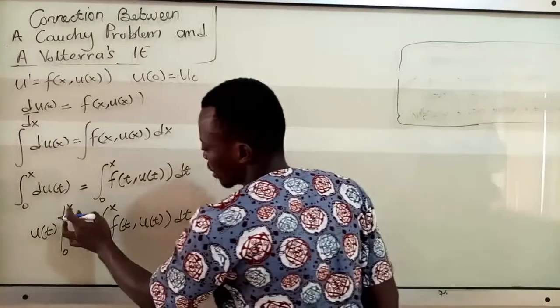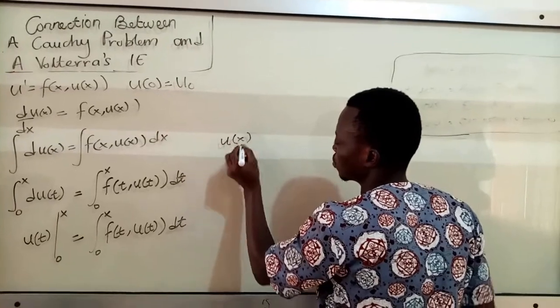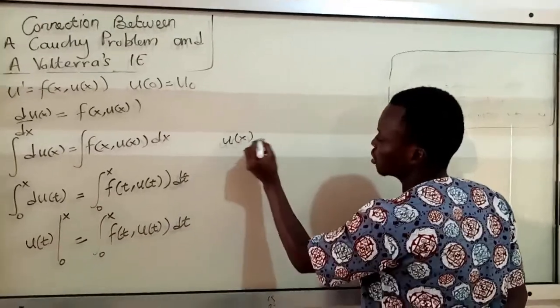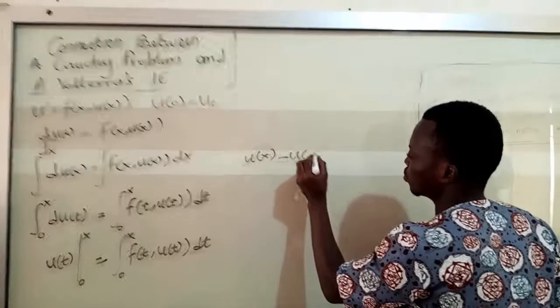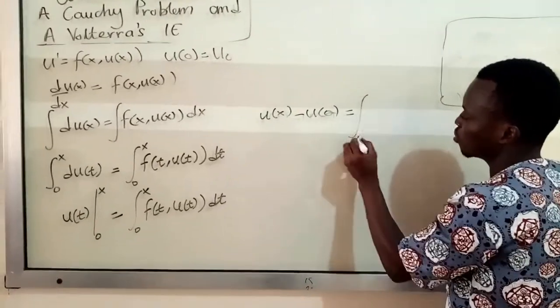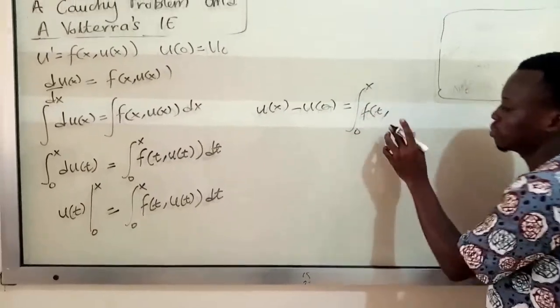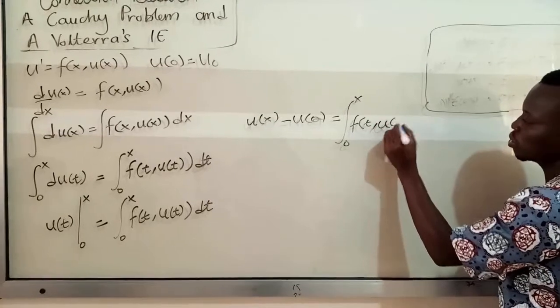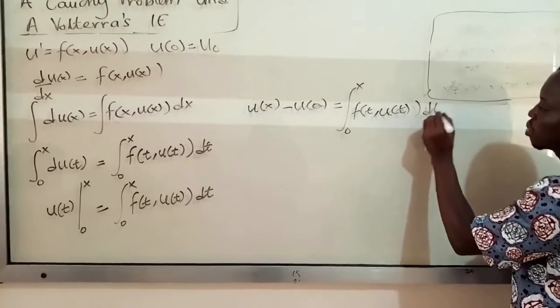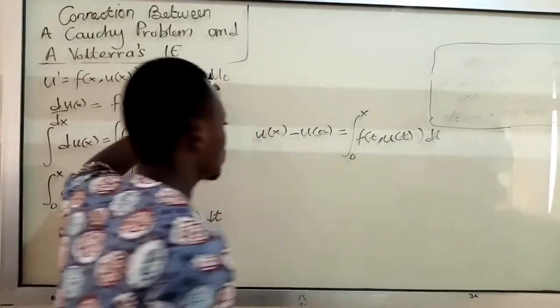So if you insert the upper limit, which is s, you have u of s minus the lower limit, u of 0, equal to this side, the integral from 0 to s of f of t, u of t dt. You have u of 0 equal to u0.